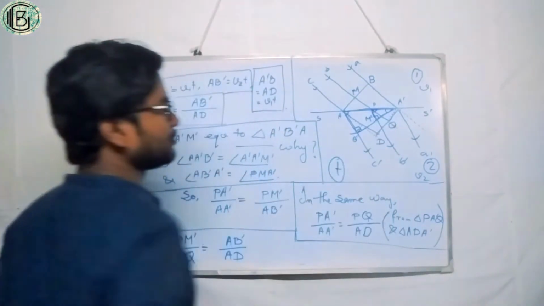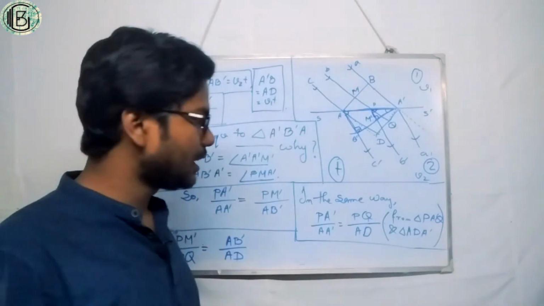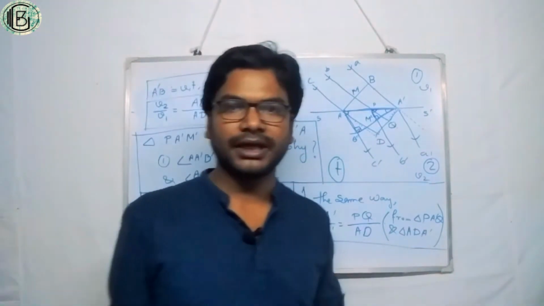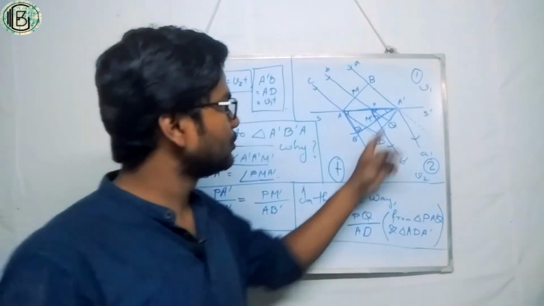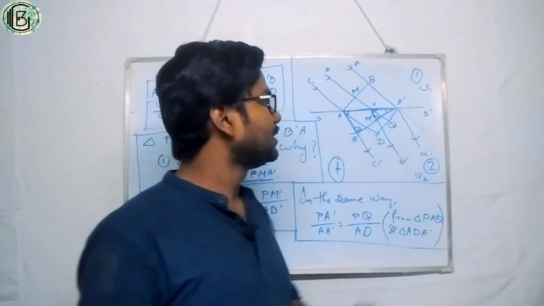From these two triangles also we can see that the angles are equal and these angles are actually 90 degree.